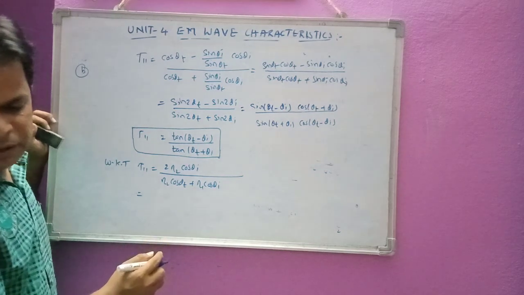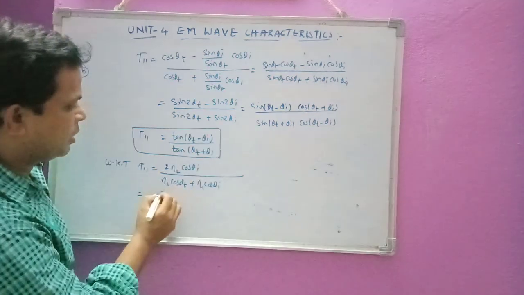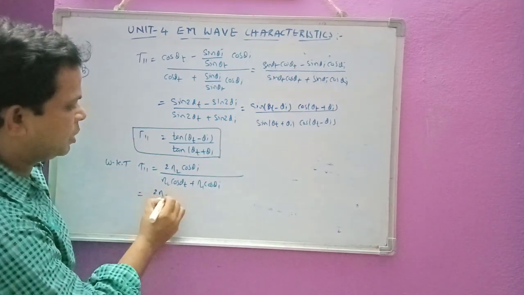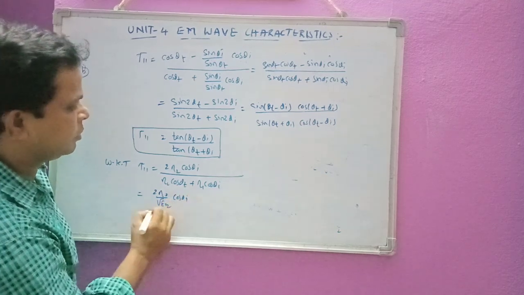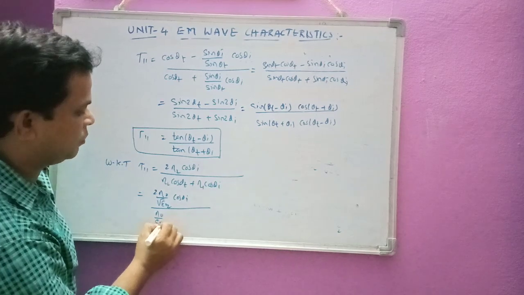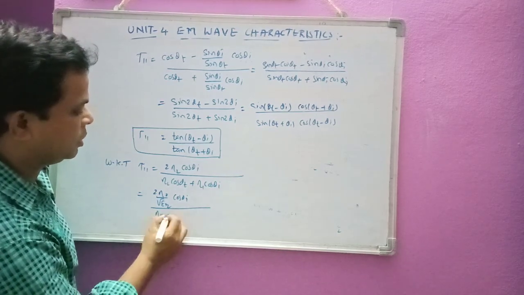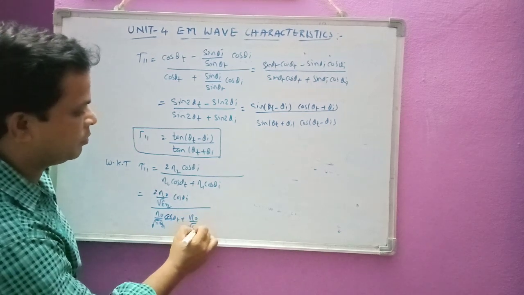I can write here 2 into eta naught by root epsilon r2 cos θi, by eta naught by root epsilon r2 cos θt plus eta naught by root epsilon r1 cos θi.